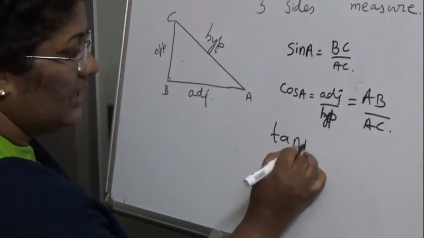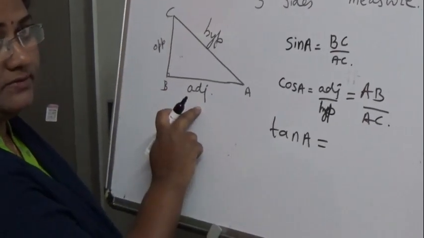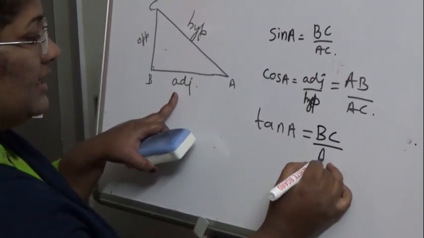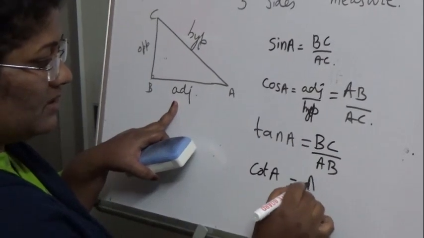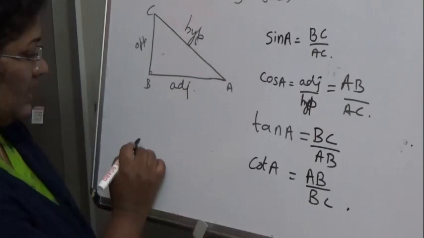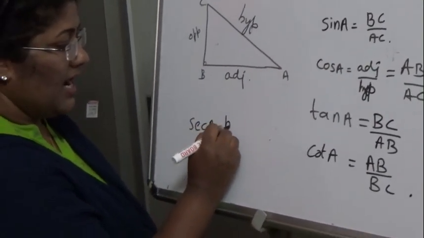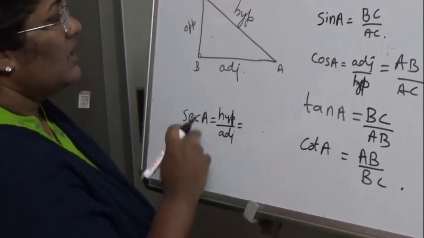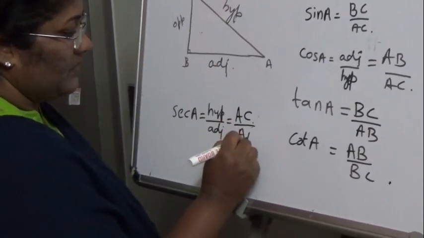Tan A is opposite by adjacent, that is BC by AB. Cot A is the reciprocal of this, AB by BC. Sec A is hypotenuse by adjacent, that is AC by AB.